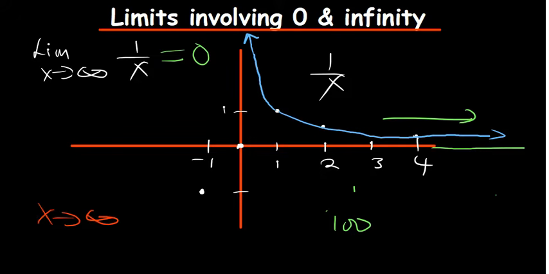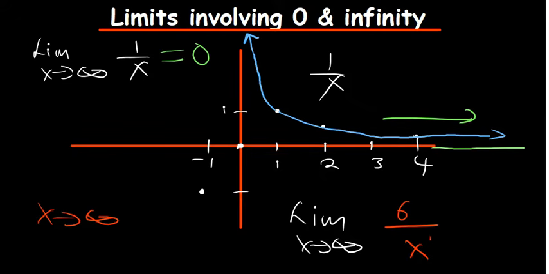One comment that I need to make is it doesn't matter what you may have, provided x is approaching infinity and the denominator is heavier compared to the numerator. Meaning that if you have any constant on top and then just x raised to any power n, it's still going to be approaching 0.